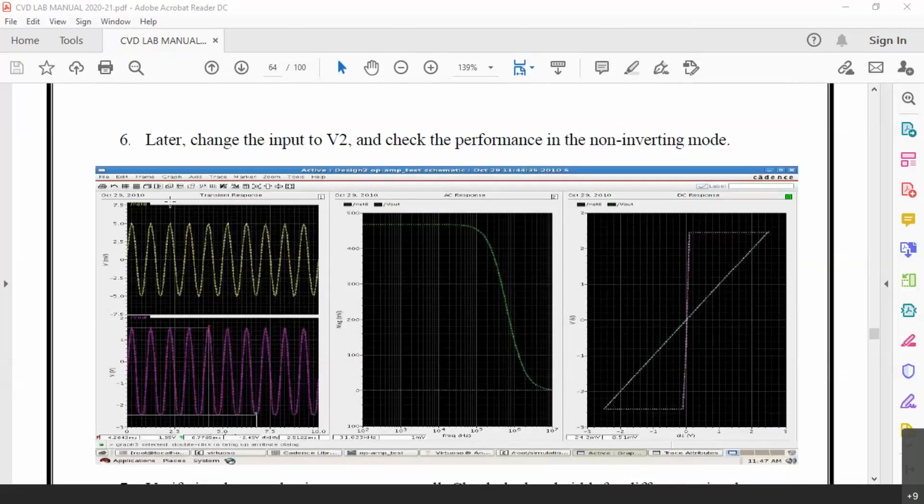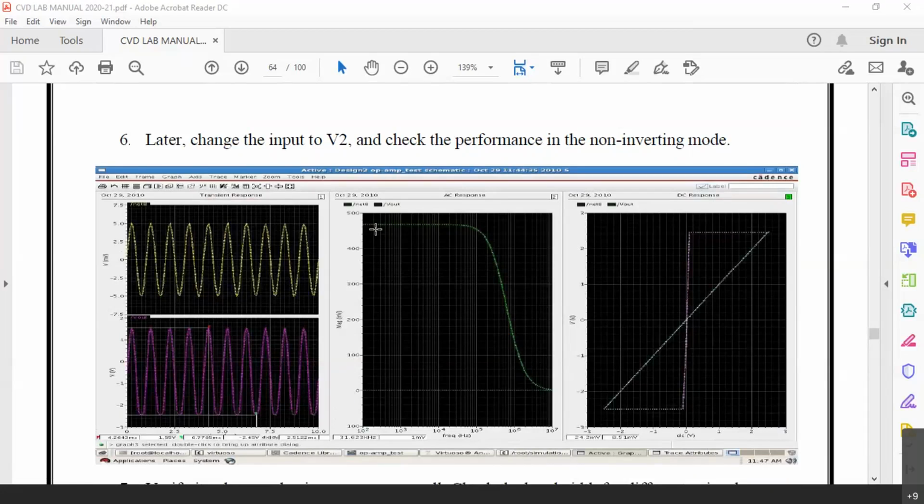So you can see here there is no phase shift at the output because we are now configuring the op-amp in the non-inverting mode. The gain formula will slightly change to 1 plus RF by RI, but 500 becomes 501 now, that's all. That is a minor difference which can be ignored.